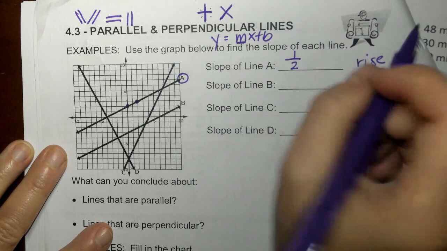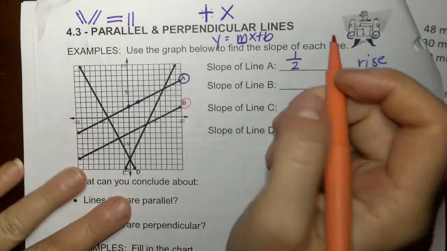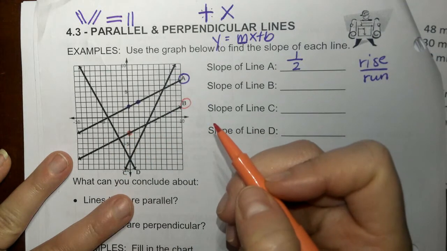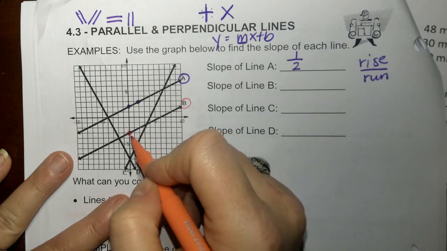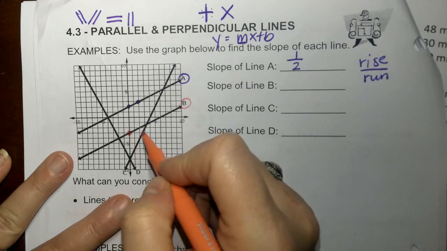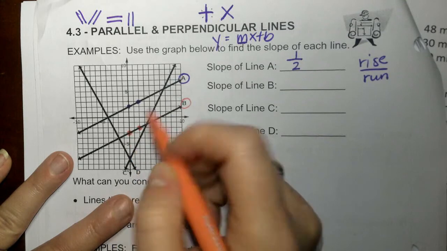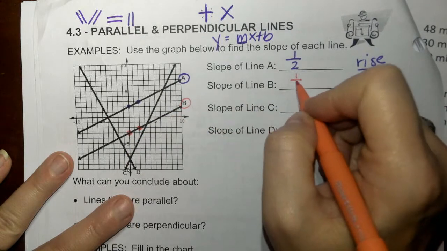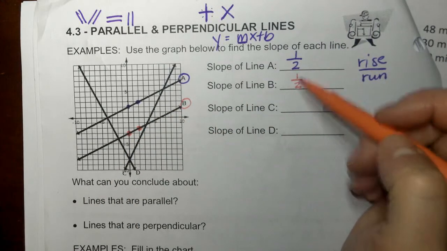Look at line B. Here's where it crosses the y-axis, that's the b. And there's another good point right here. So it's going to go up 1, it rises 1, and it runs 2. Okay, so what do you notice about these two slopes?